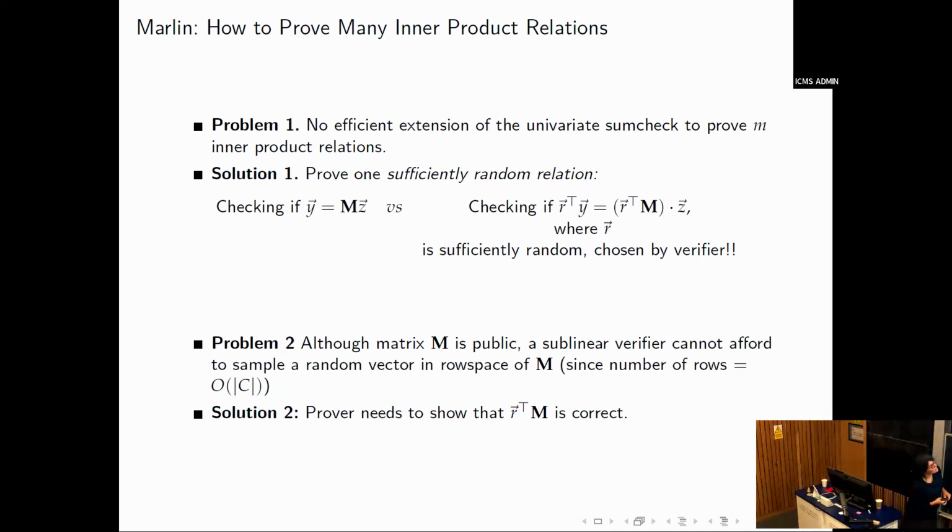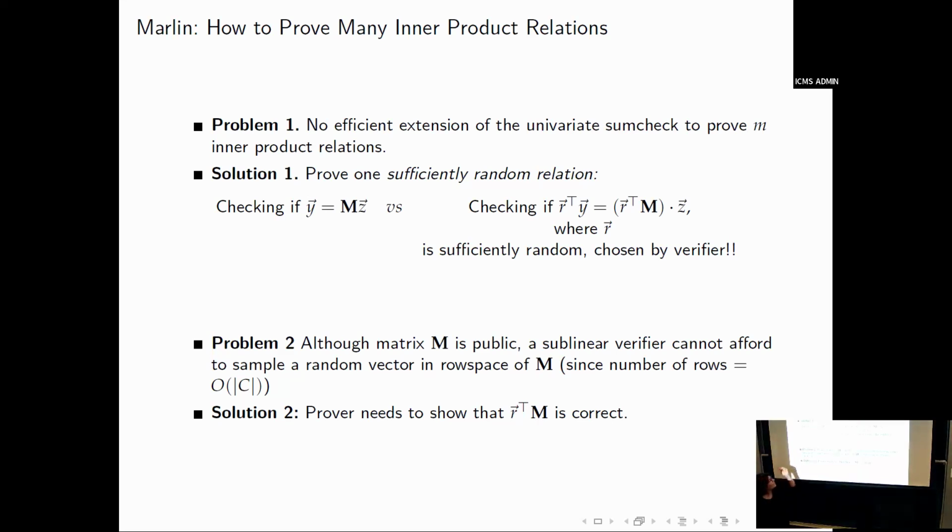Okay, so this seems like a really good idea, because this is an inner product relation, and the verifier could compute this randomized version of M himself to check this relation. What's the problem? The verifier can do that, there's nothing hidden, but this is way too large for a verifier that has to be succinct.